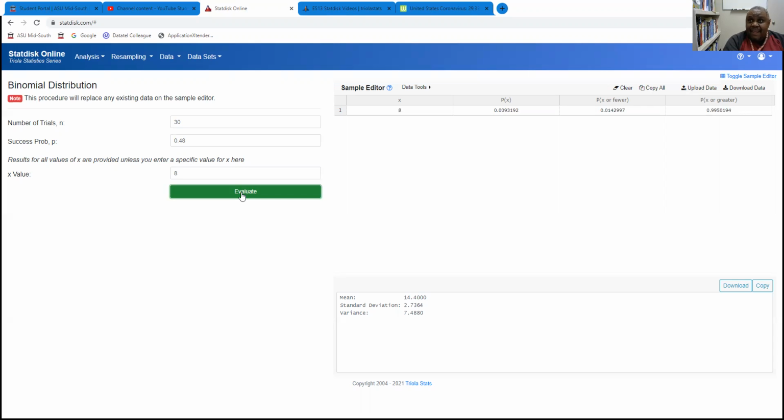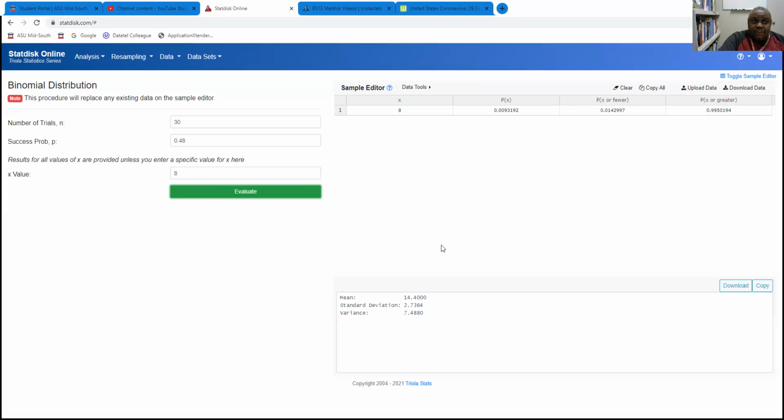And no more than 8 is another way of saying X or fewer. That will be this right here. And we look at that decimal value. To 4 decimal places, again, this will be 0.0143.